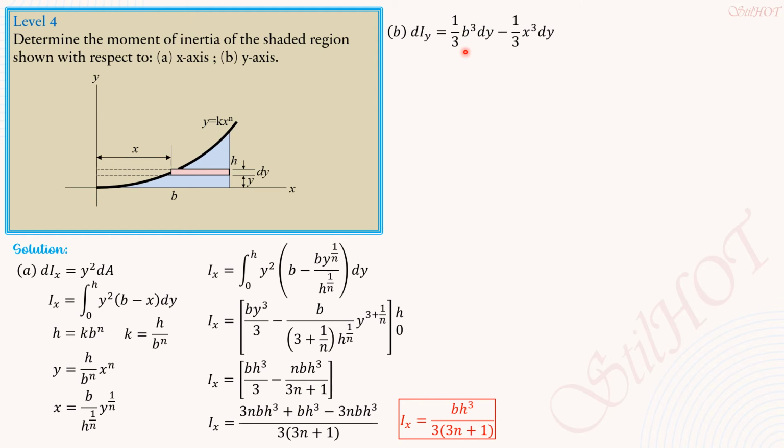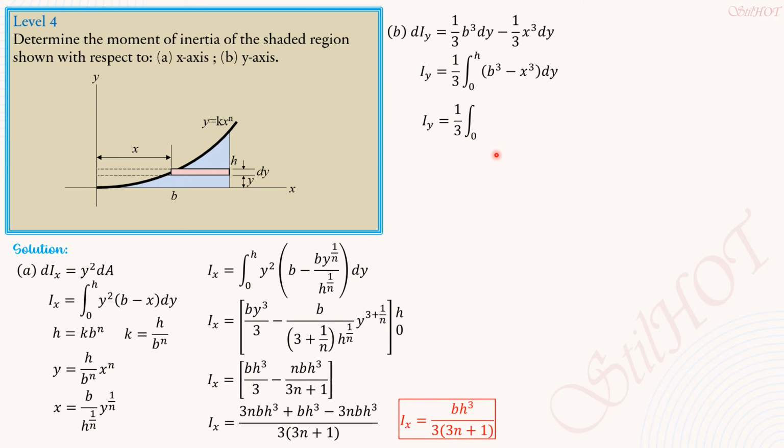Factor out 1/3 and dy, so Iy equals 1/3 integral from 0 to h of (b cubed minus x cubed) dy. The variable again is y, so that's why the limits are 0 to h for this strip. We replace x by this value, so x cubed becomes b cubed y to the 3 over n, over h to the 3 over n, as shown.